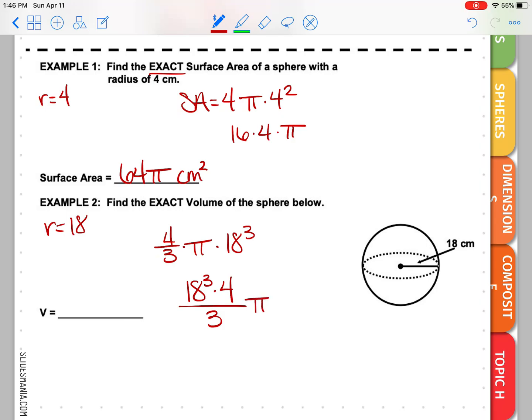So if you did 18 cubed in the calculator times 4 divided by 3, you would get 7,776 pi. We're working with centimeters again, cubed. If you forget if it's squared or cubed in the formula, look here at your labels, like we've been doing this whole time. That's kind of a trick for you to use with spheres.